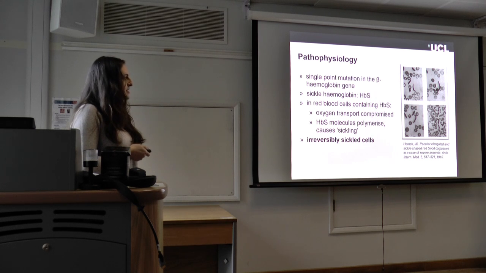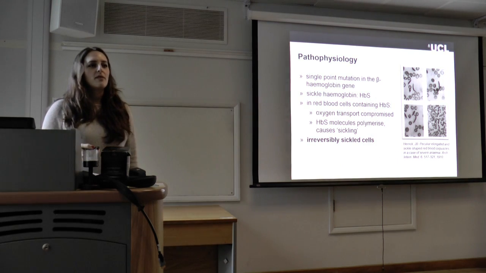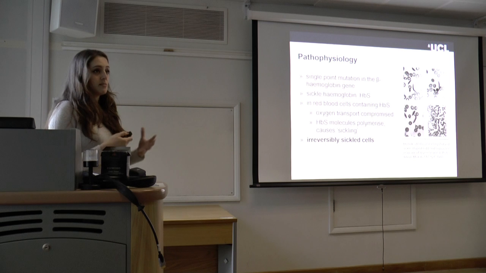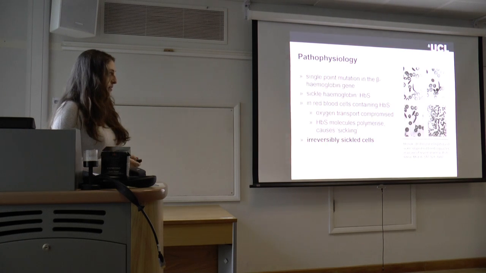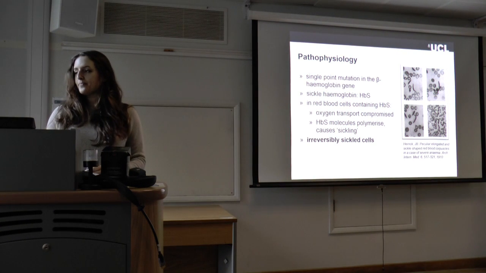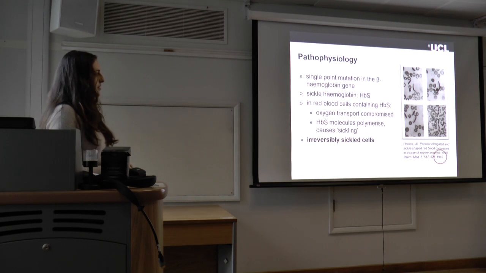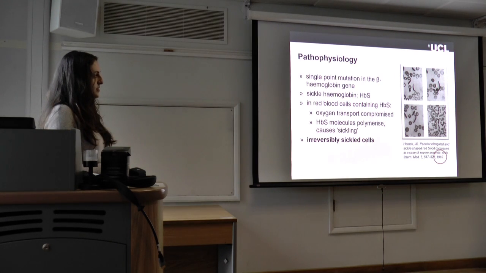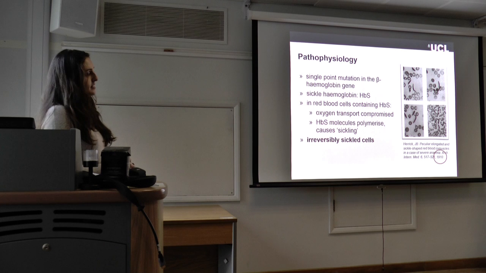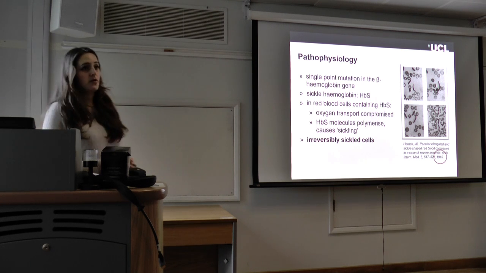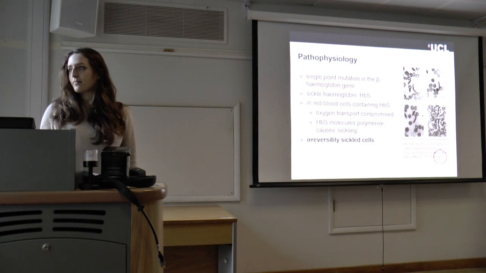These irreversibly sickled cells can't regain their shape even when exposed to oxygenation, and this is basically the whole premise of this disease. So this is a blood slide from 1910, the first described case of sickle cell disease, and just to point out, we've known about it for more than 100 years now.